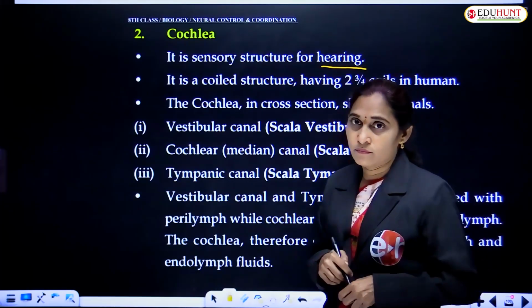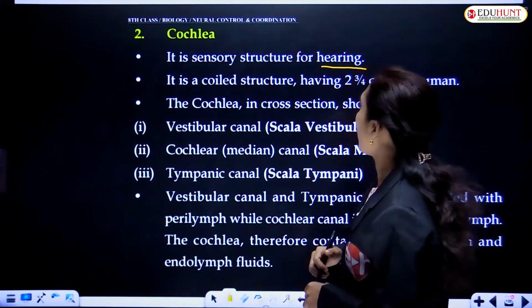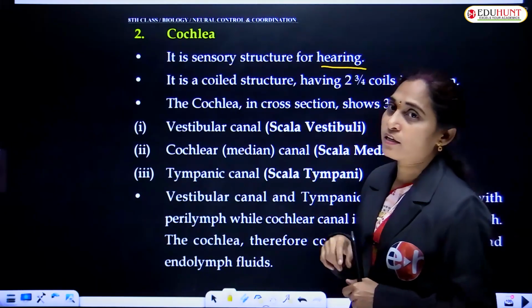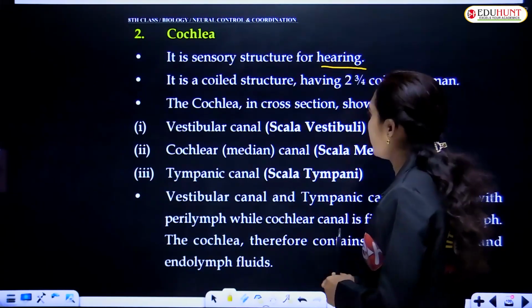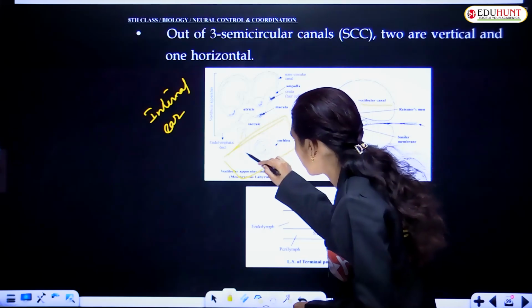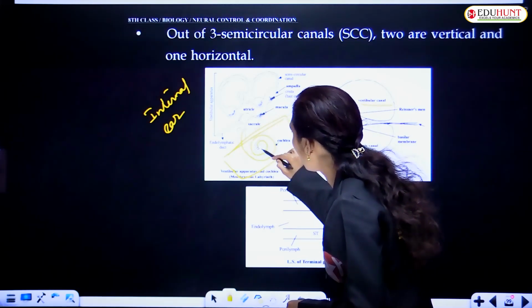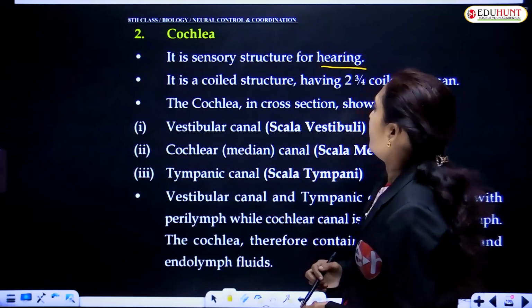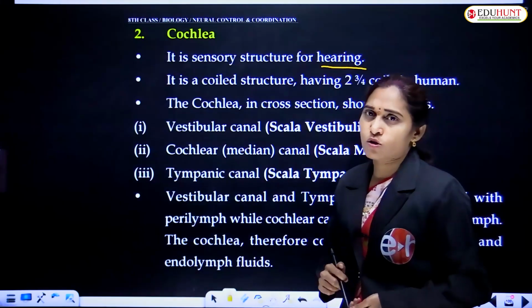Just remember this. It is a coiled structure having 2 and 3/4 coils in humans. Here you can see this is the coiled structure, and in cross section it shows 3 canals.